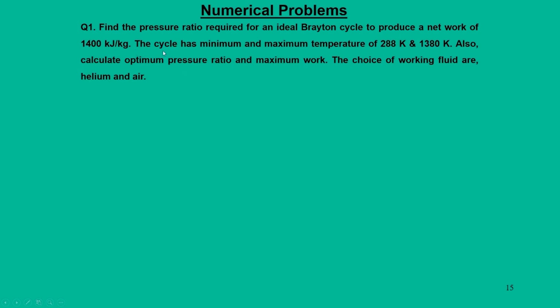We are given data that the cycle has minimum and maximum temperatures of 288 Kelvin and 1380 Kelvin. We also need to find out the optimum pressure ratio and maximum work. We are given the choice of working fluid, helium and air.